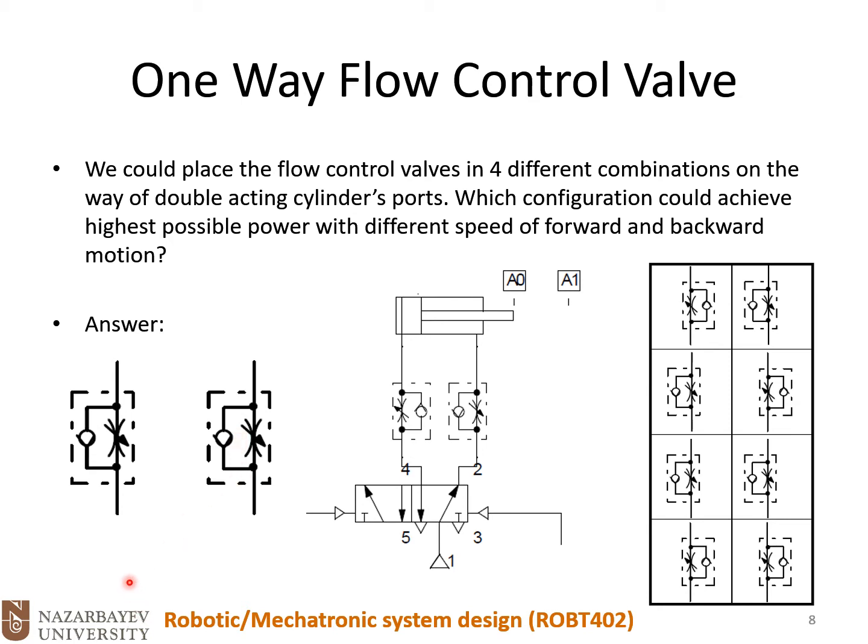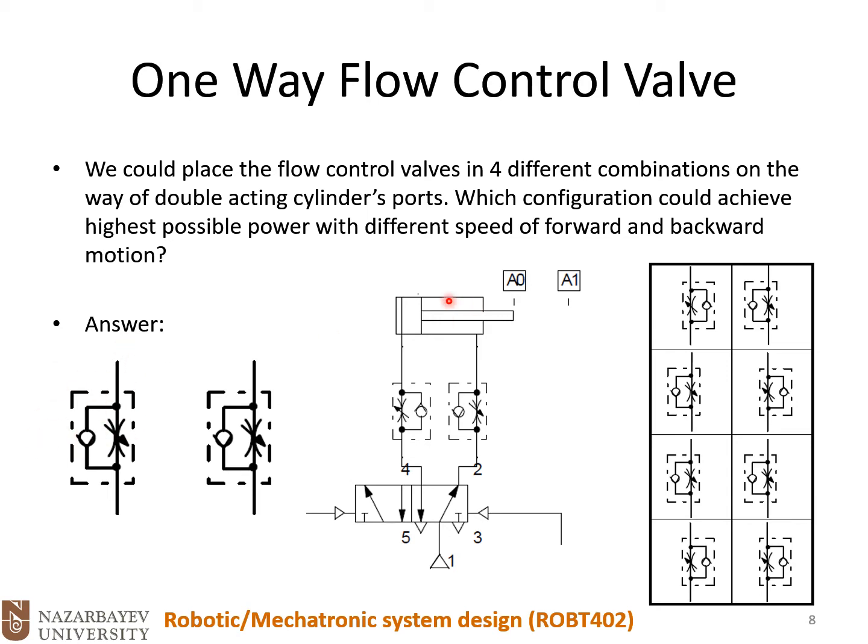When we have this one on this pathway, when the cylinder or the piston wants to move forward, it has full power. Why? Because the air could freely flow through this non-return valve here. So the air is not restricted.